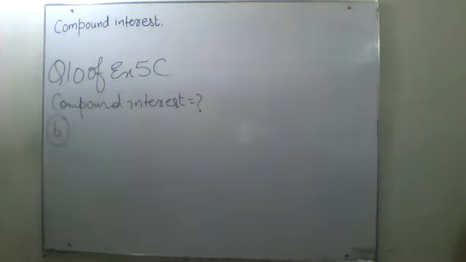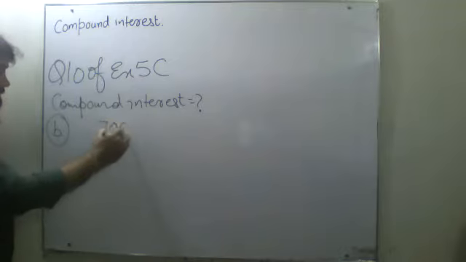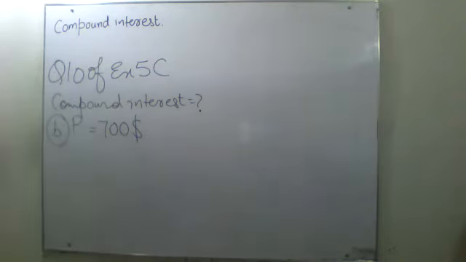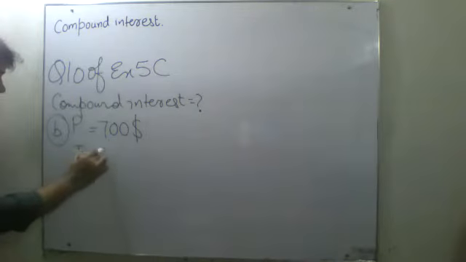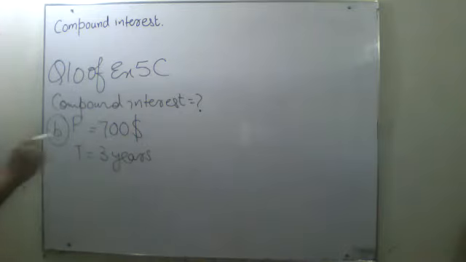In part B they are saying find the compound interest on $700. It means principal is 700 for 3 years. Time is given as 3 years, but over here we will not take it as time, I will take it as n.